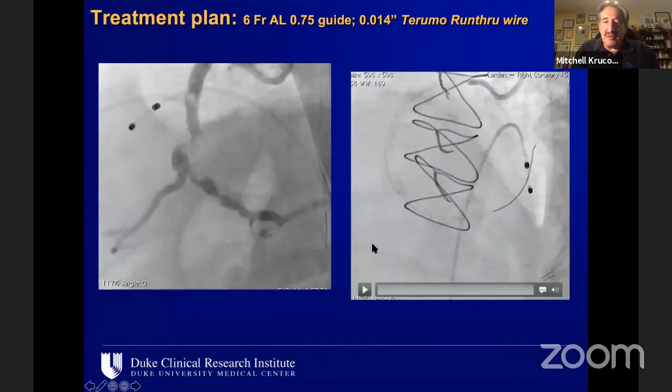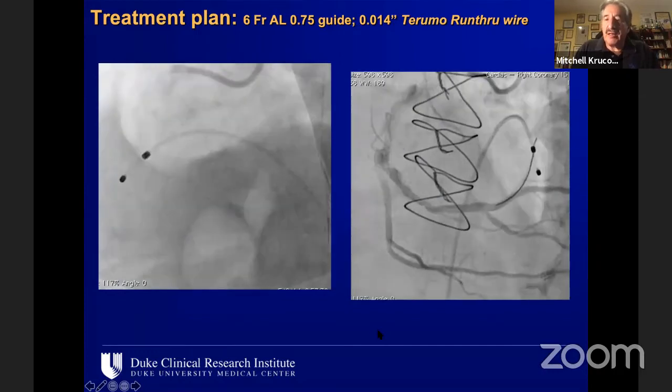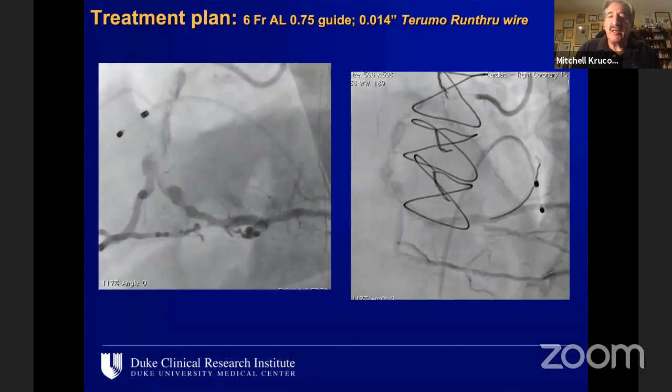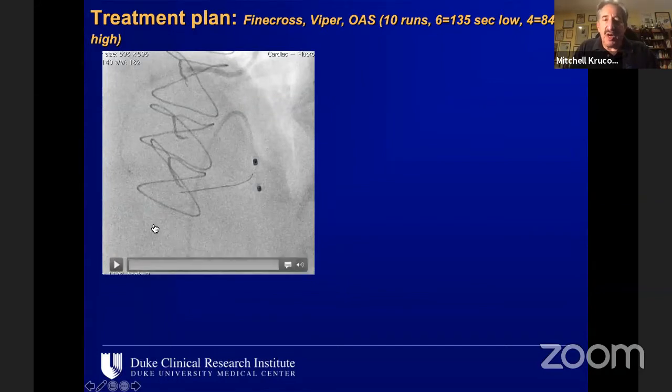So this is the run-through wire, again, that we use as a primary wire. Over that, we will bring down a microcatheter and exchange to the Viper wire, which is the 10 to 12 thousandths wire that is used for orbital atherectomy. Orbital is a slower speed than rotational.